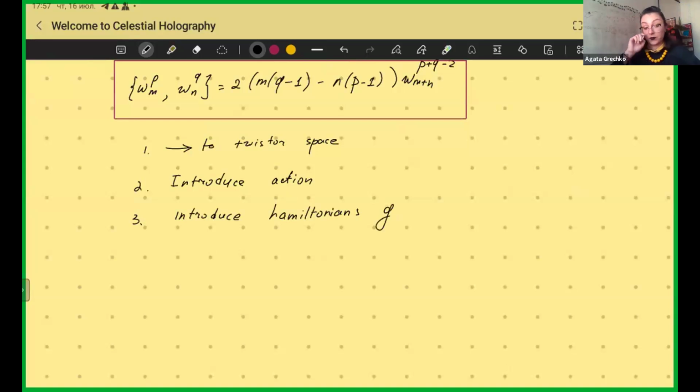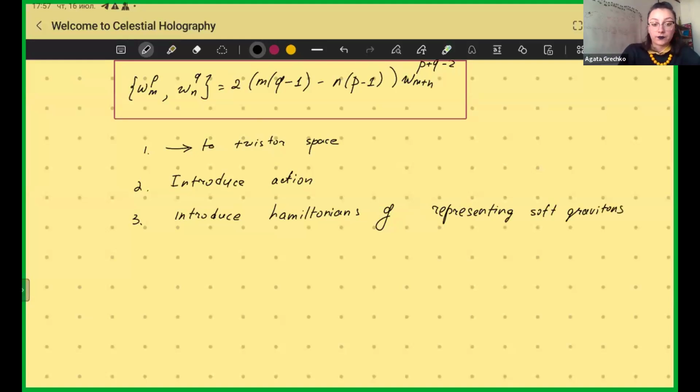We will notice the notation for these Hamiltonians will be the small letter g. They are defined, representing is the proper word, representing soft gravitons.